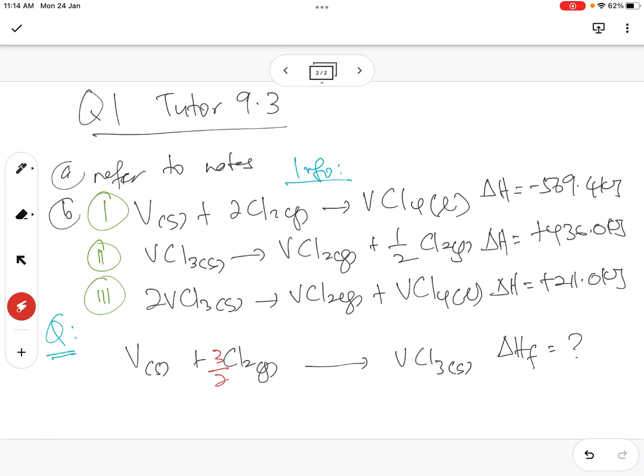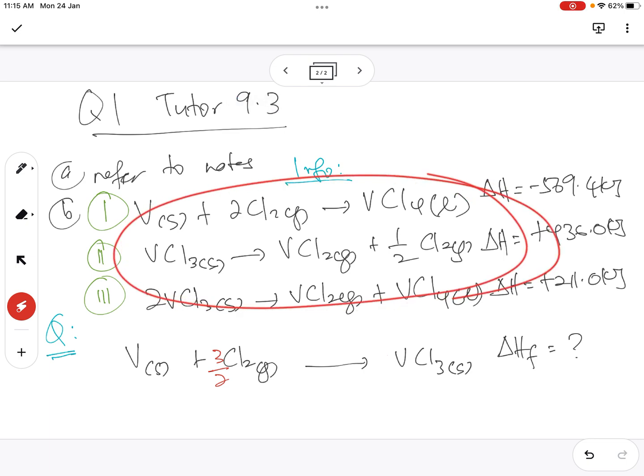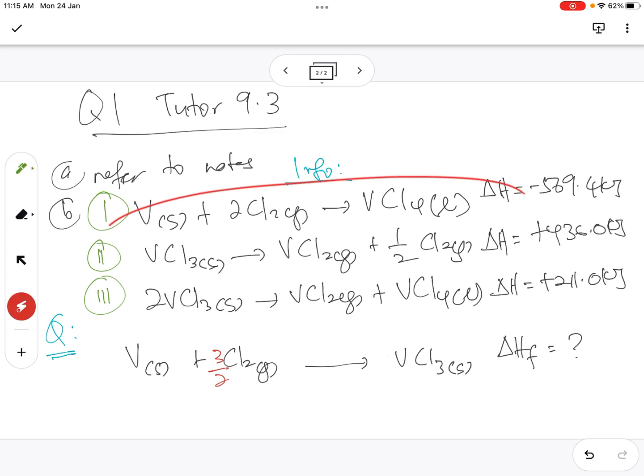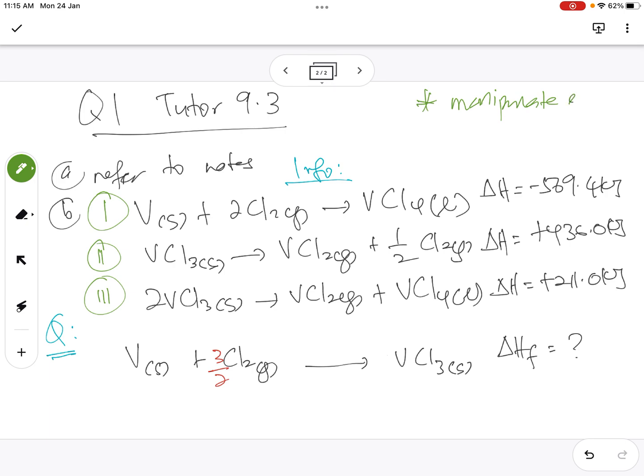Now we have to do this part, I circle this part. The concept of these 3 equations is that we have to manipulate them. Wait. We have to manipulate the equations by mathematical operation.